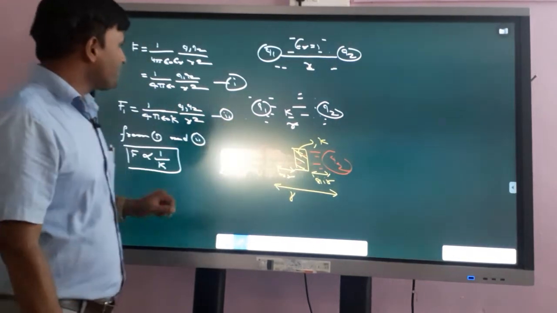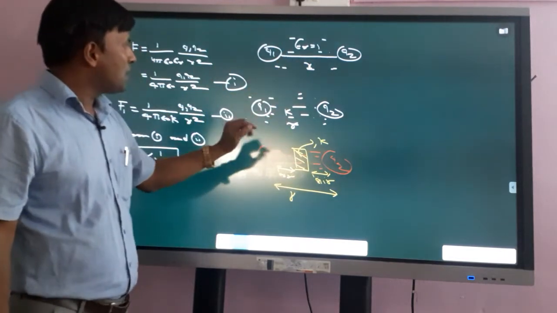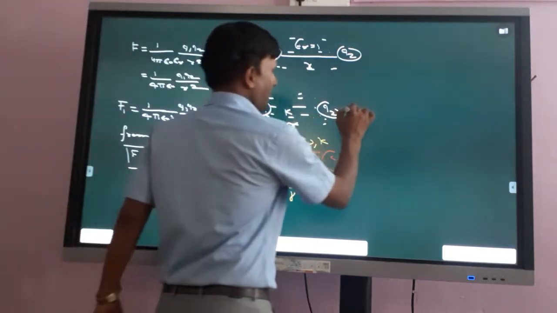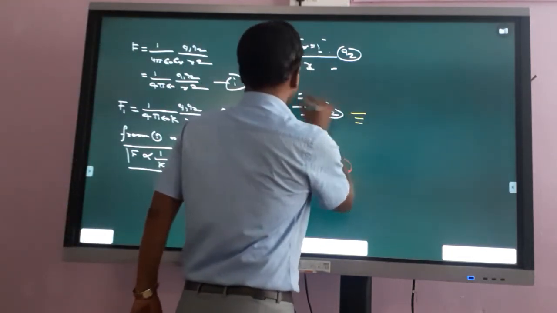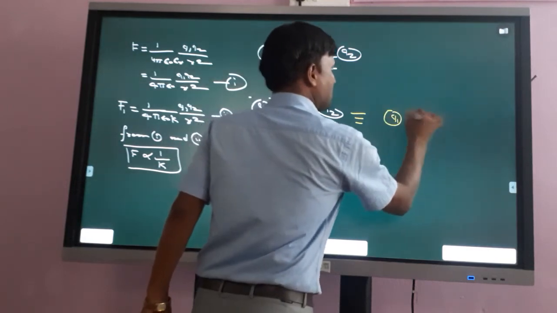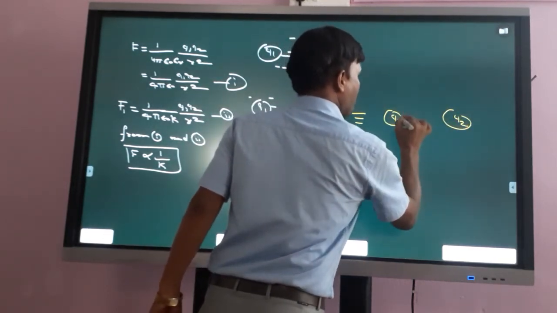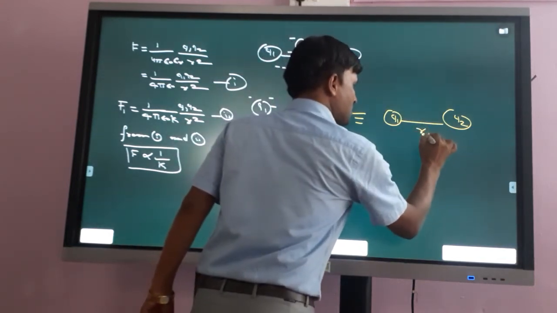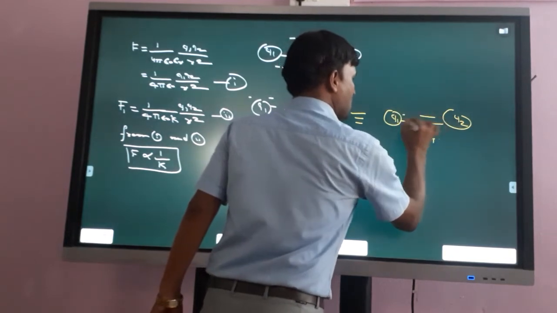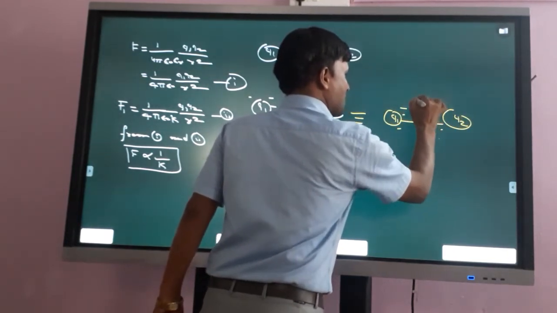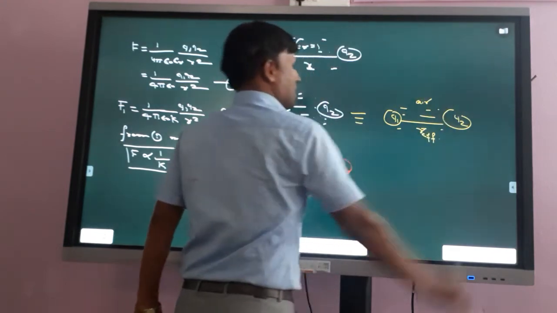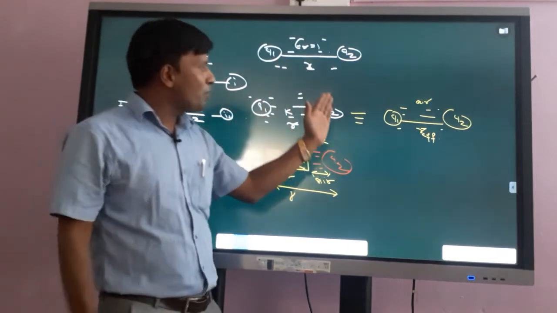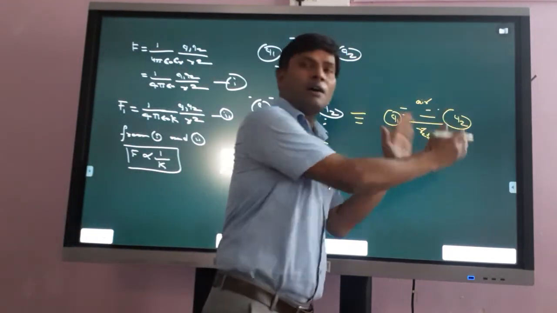Suppose we compare F directly proportional to 1 by K. If I put equivalent Q1 and Q2 here, and put effective distance R effective in free space, or you can put air, now this force can be balanced with this force once we increase the distance a bit.